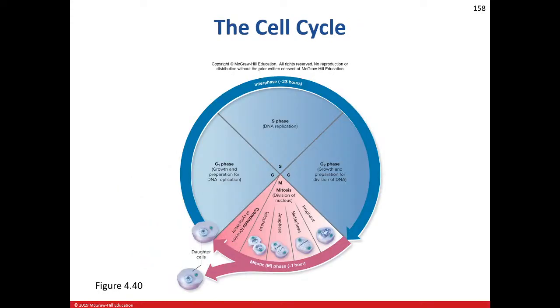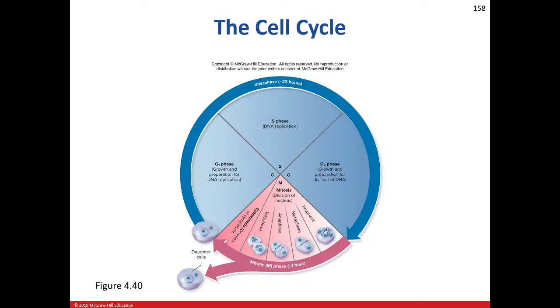Interphase includes 3 other phases, G1, S, and G2. G1 is the first growth phase, where we prepare for DNA replication. The S phase stands for synthesis, and this is where we synthesize DNA, copying the actual DNA to make new DNA.